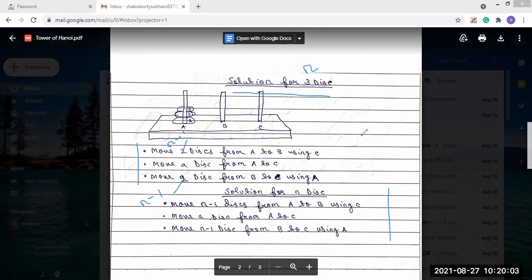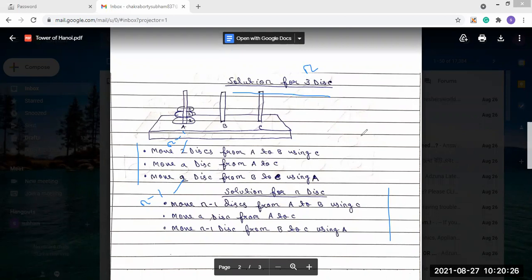If the number of disks increases, then it will become more complex. Whenever there is a single disk present, there is only one step we are performing. But whenever 3 disks are present, we do the combinations: first, move the disks to the auxiliary tower.